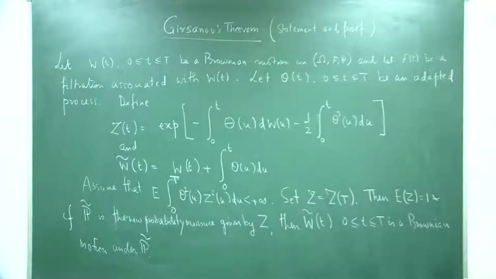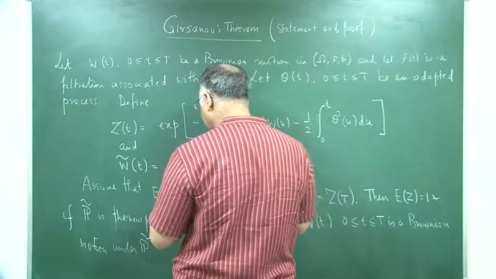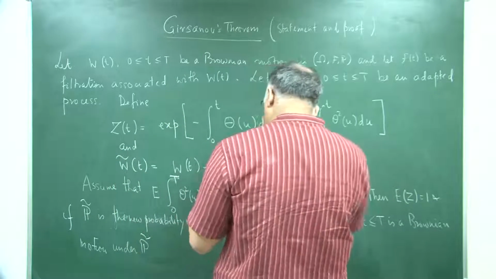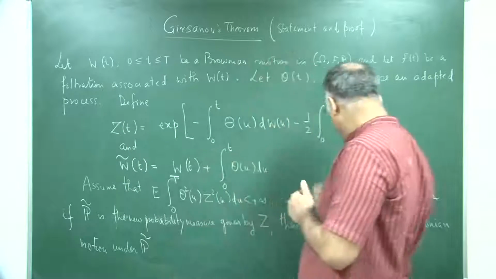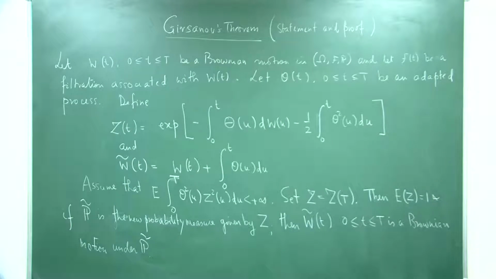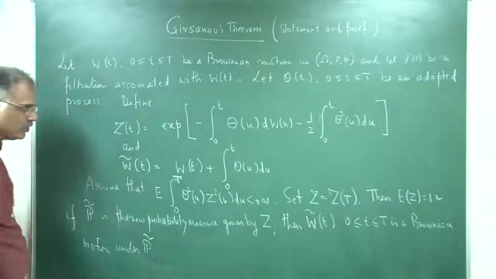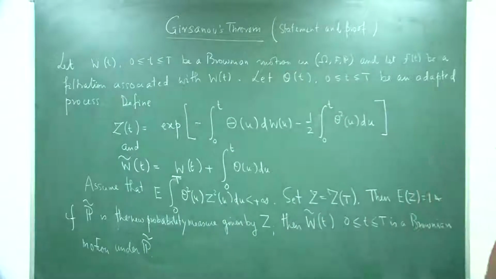So, what it says is that give me a Brownian motion under P, then I can create a new Brownian motion by a certain translation, under not P but P tilde. This P tilde plays the role of the risk neutral measure when we start trying to prove the result of Black and Scholes. So, let us now rub this and then do the proof step by step.